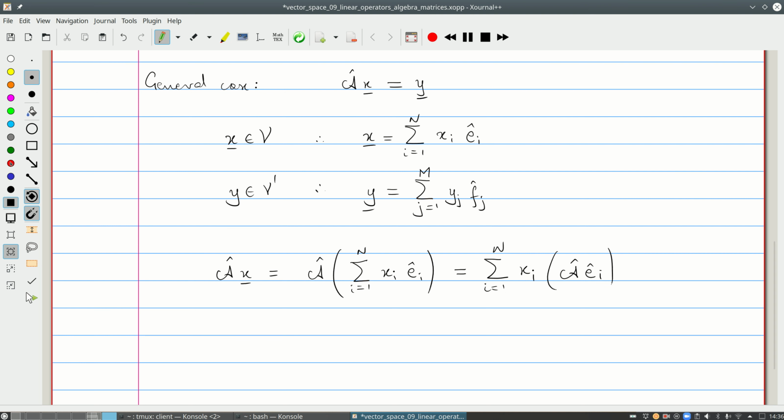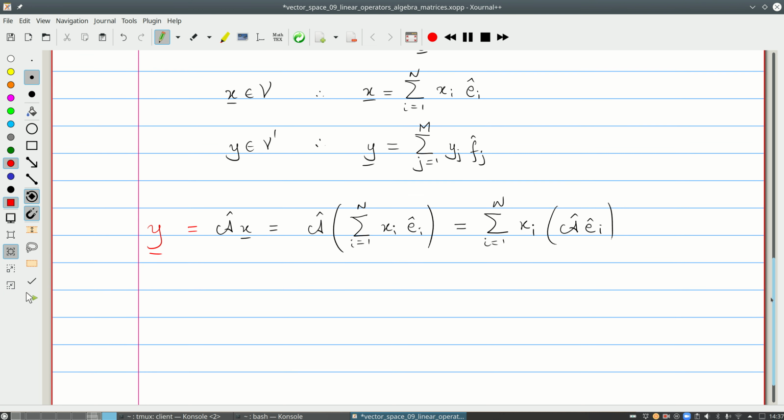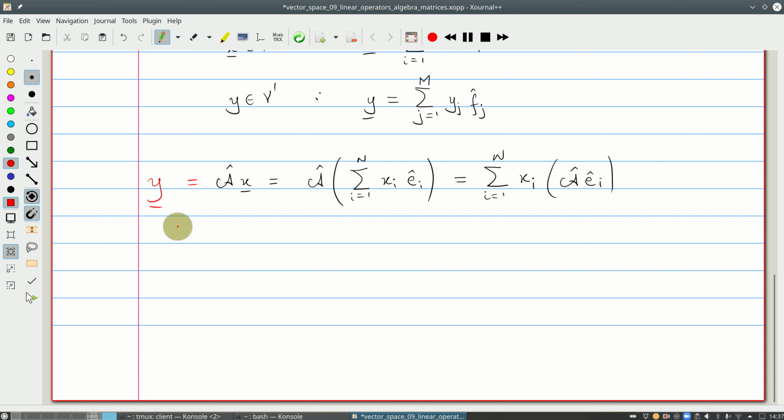Okay, and just to remind ourselves, this thing here is equal to y. So the next thing I want to do is to make a definition for how A operates on each of these basis vectors.